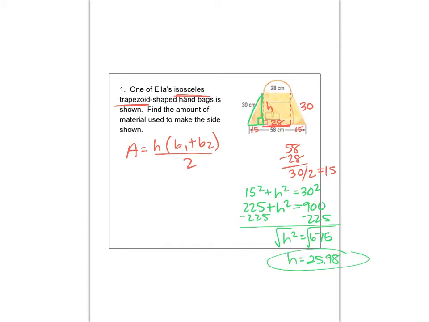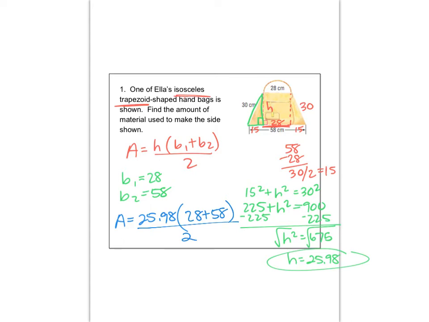Do we know both of the bases? Yeah, one of the bases is 28. One of the bases is 58. We have everything we need now to find the area of the trapezoid. So we're going to do this. We're going to go area equals. Plug in your h, which is 25.98, parenthesis, 28 plus 58, and then divide everything by 2.